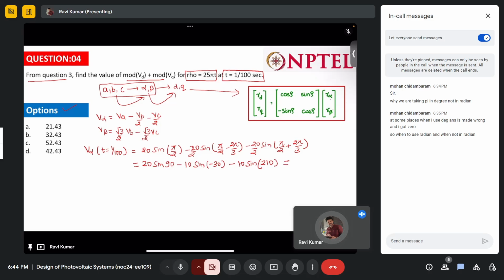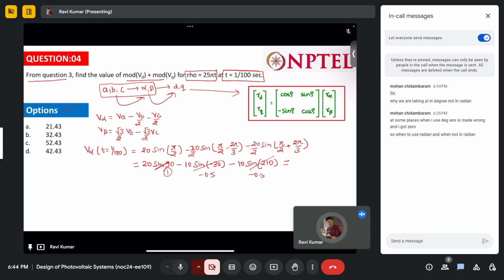Put the value in degrees and get me the answer. It is like 20 times 1, so it is 20, and then minus 0.5, and also minus 0.5.